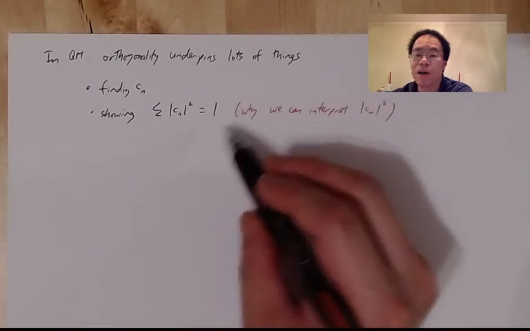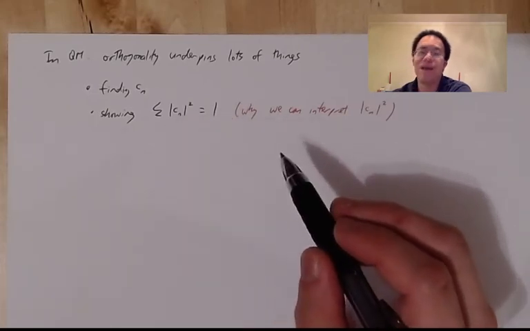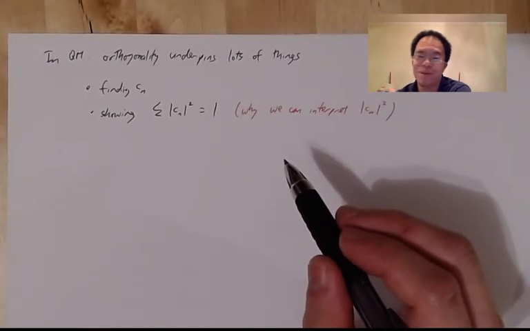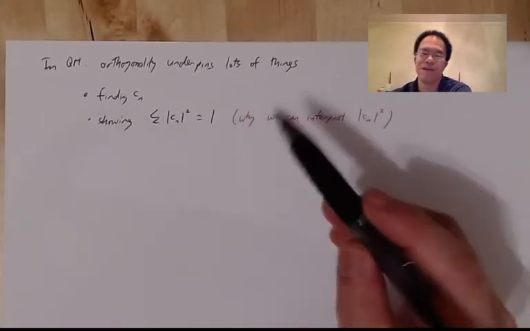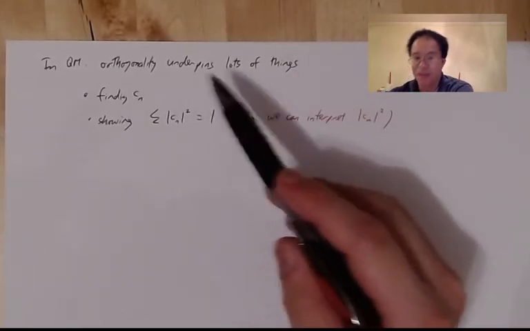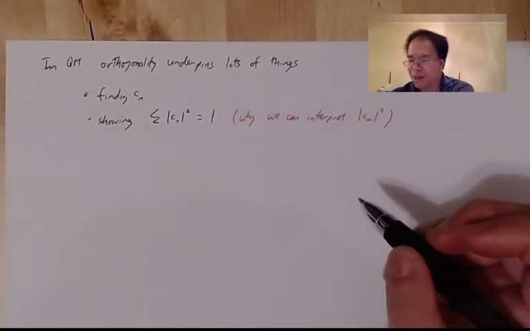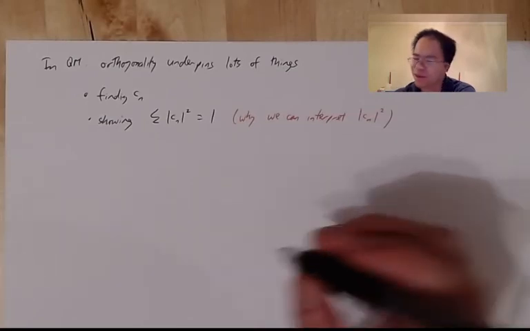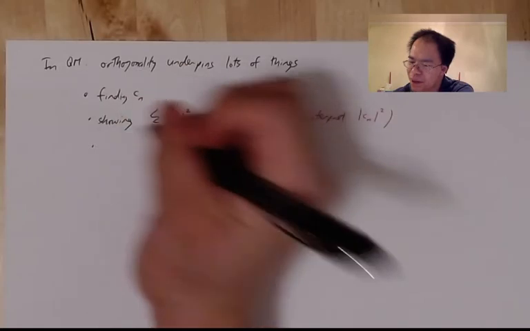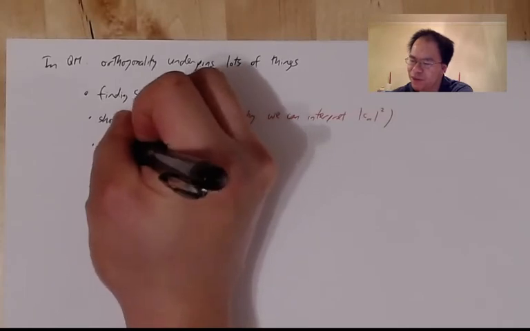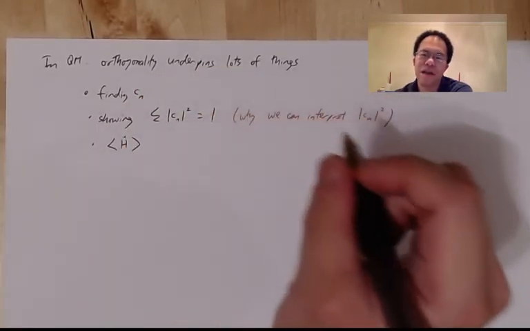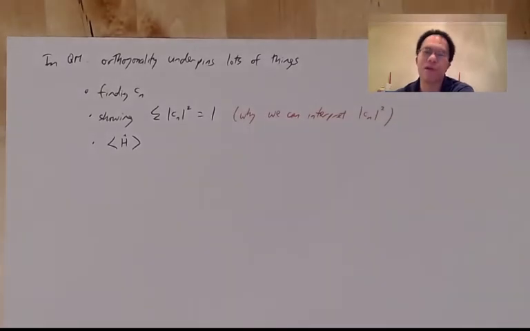Because if this were not true, you can't have a probability where the total sum of all possibilities doesn't add up to 1. So in some sense the theory falls apart, or at least becomes much clunkier, if you don't have orthogonality. The other result I talked about is the expectation value of the Hamiltonian, and how one can calculate that also relies on orthogonality.